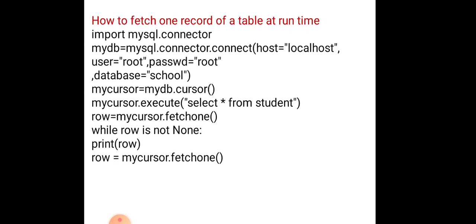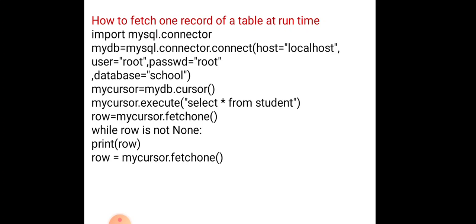Select asterisk from student is the query. Then we are fetching one record at a time. So here we use the fetchone function. After fetching one row, we are storing it in the row variable. So row equals myCursor.fetchone.